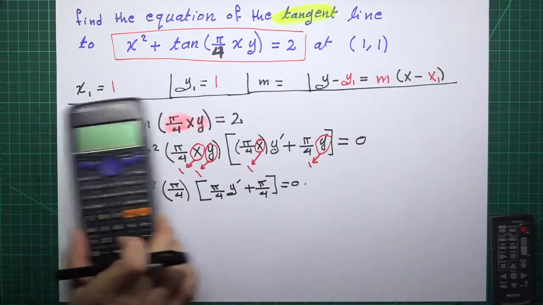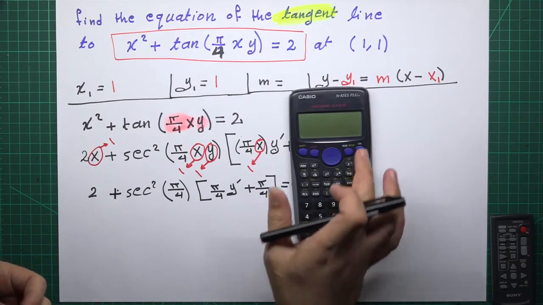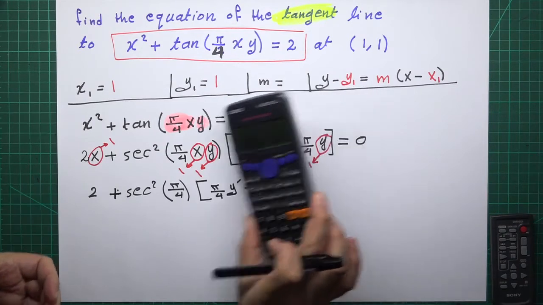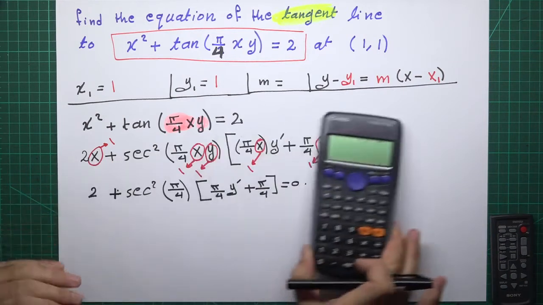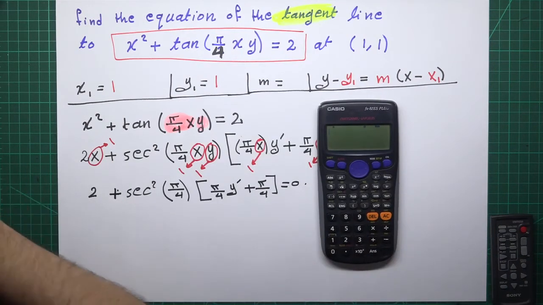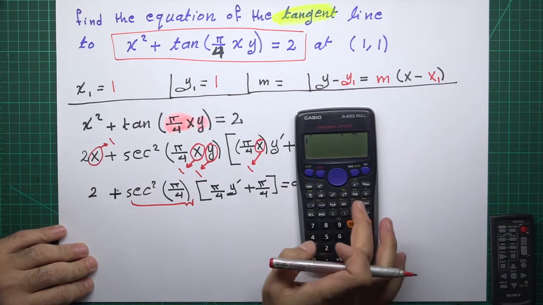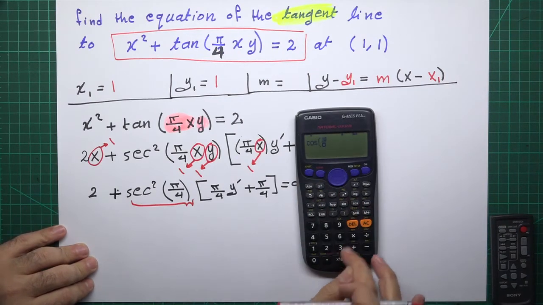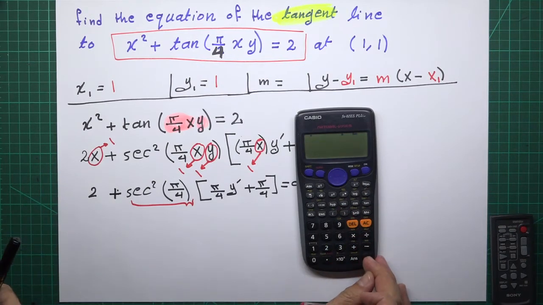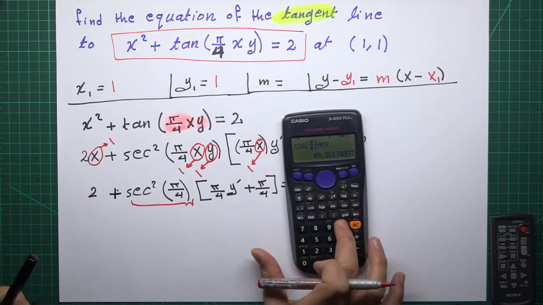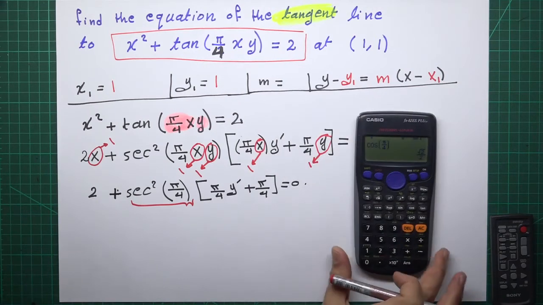إذا بتجيب الكالكوليتر ما في عليها سيكنت ولكن في عليها كوساين. كيف بنعمل؟ نيجي بداية نحسب، بنحولها إلى راديان somehow من هون. خلينا نحسب بس قيمة secant squared of pi over 4. راح نحسب cosine of pi over 4. بعد ما بنعمل كوساين بنشوف الانسر. الانسر هو radical 2 over 2.